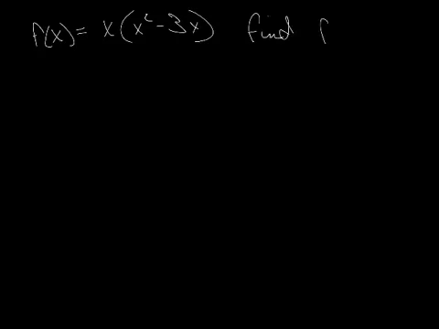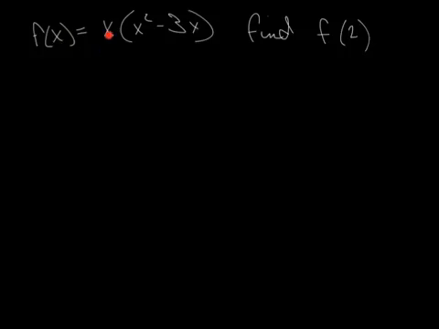Alright, so let's look at 28.5. If f of x equals x times x squared minus 3x, find f of 2. That's a real complicated way of saying we're going to take this number, and what is 2? Well, 2 is x.